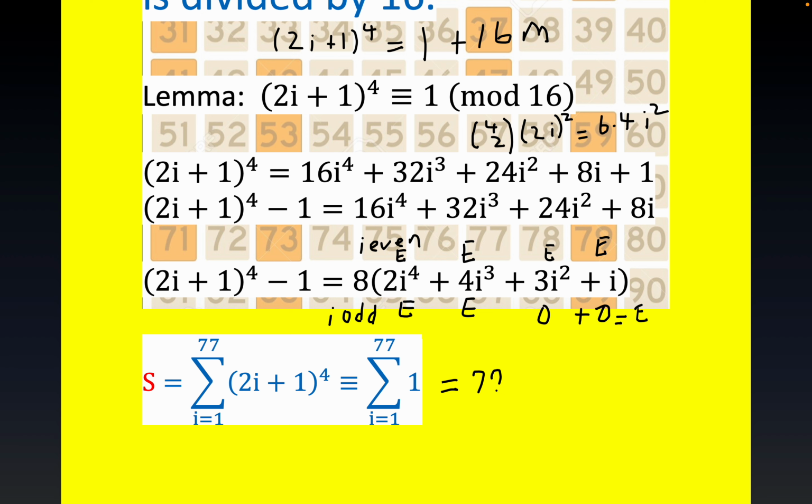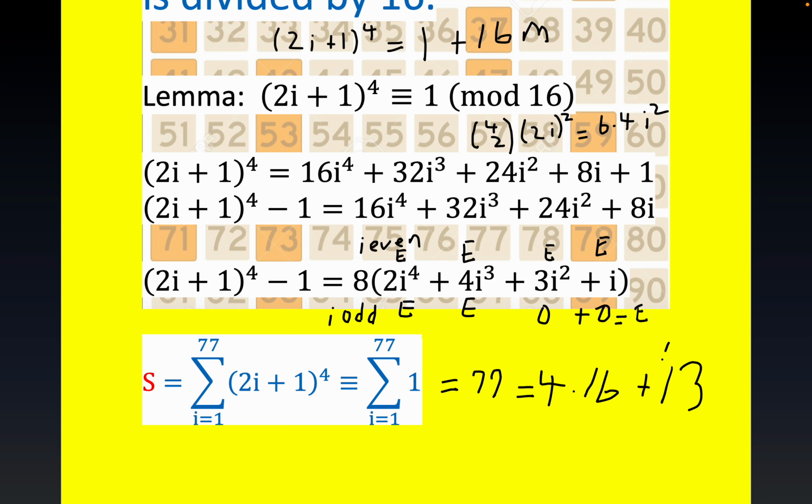Now 77, let's see, what happens when you divide that by 16? Is this 4 times 16? 4 times 16 is 64. But then we have 13 left over, right?